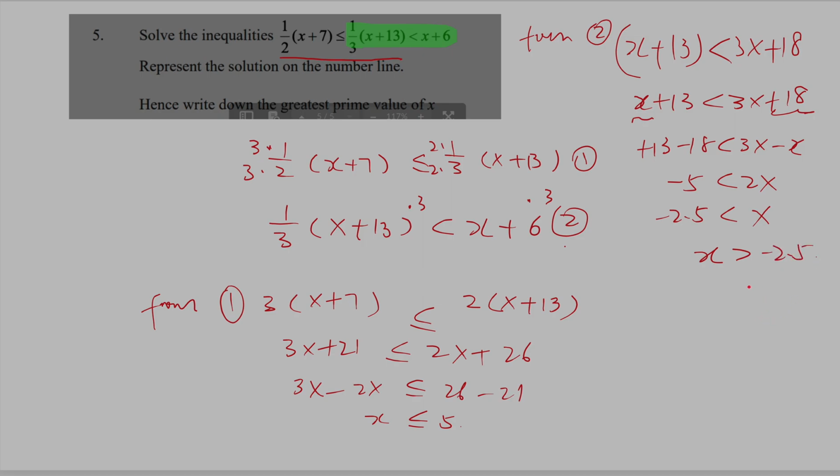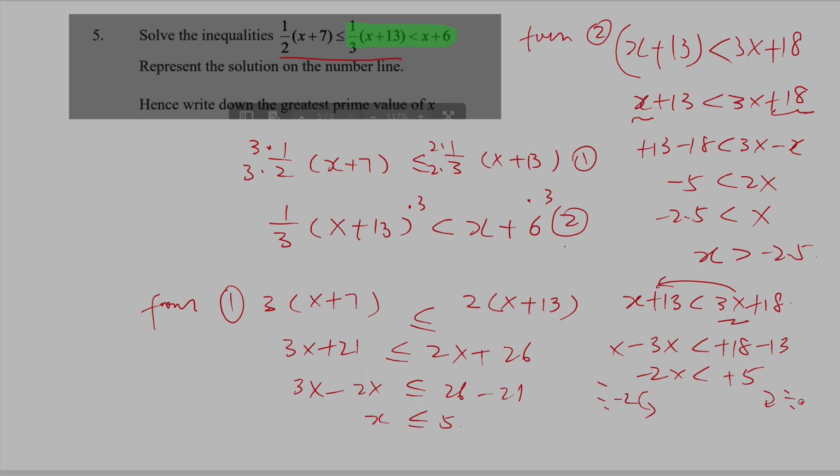If I move the 3x over instead, I will end up with a negative number, so I need to divide by a negative 2. If I divide by a negative number, I need to switch the sign. I don't want to deal with negative numbers, but the answers are the same. So it's up to you whether you want to use approach 1 or approach 2. These are the two answers.